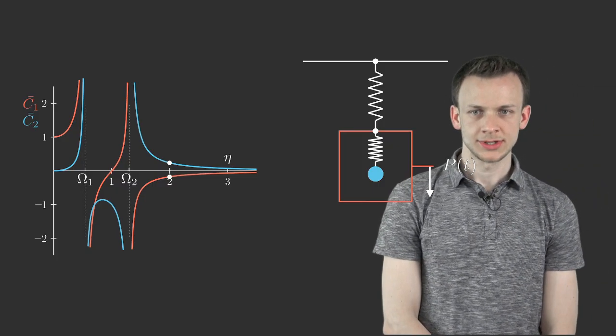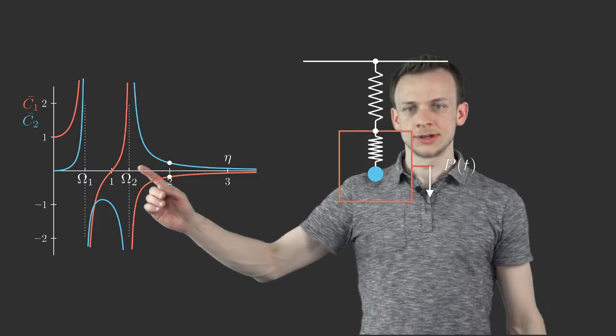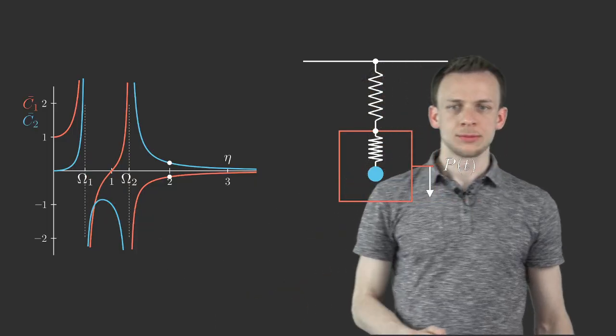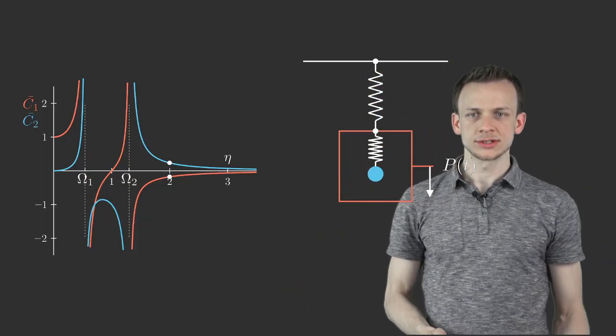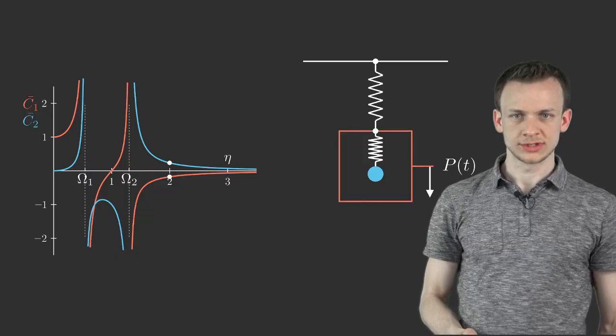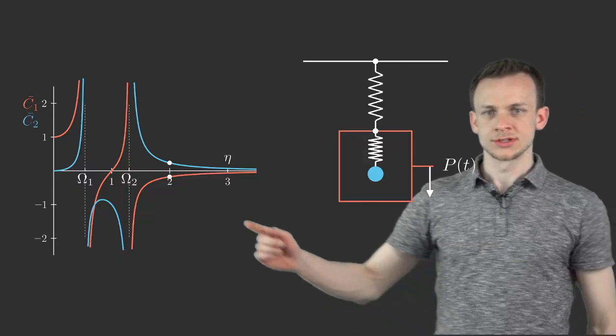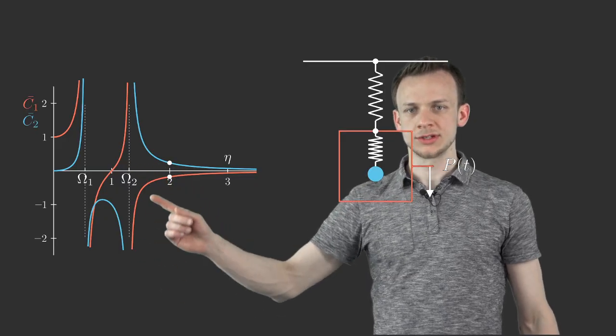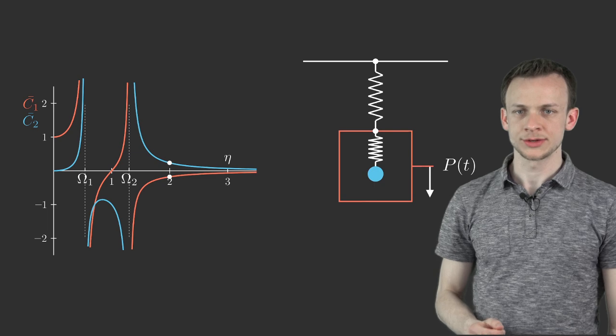So as we could see, the motion close to the resonance frequencies was quite unrealistic because we didn't include damping in the system. So the amplitudes become infinity, as we could see in the animation.